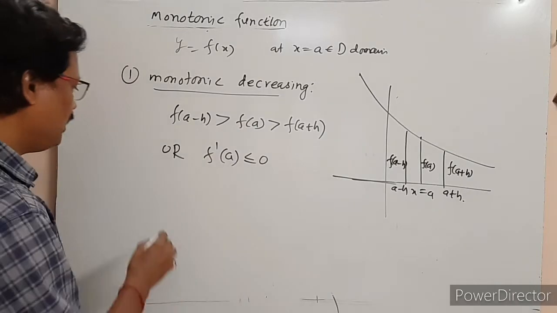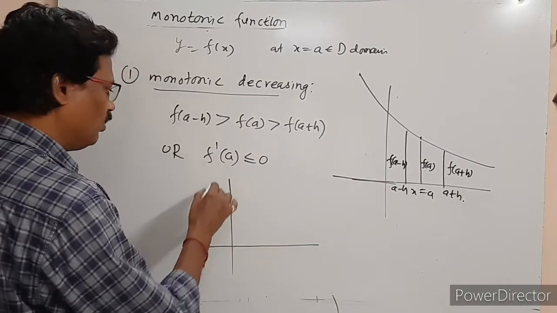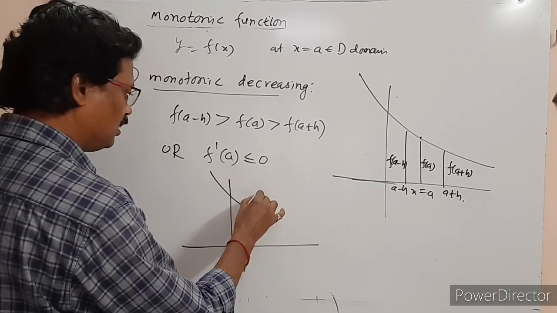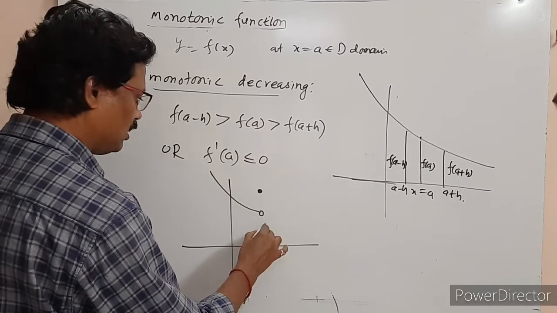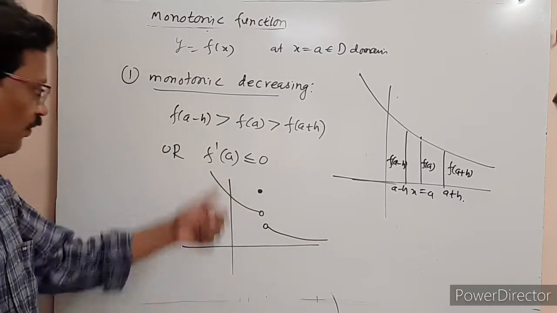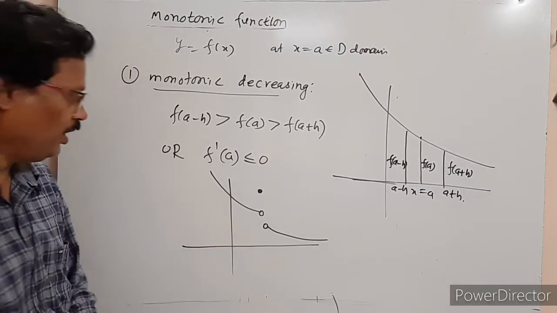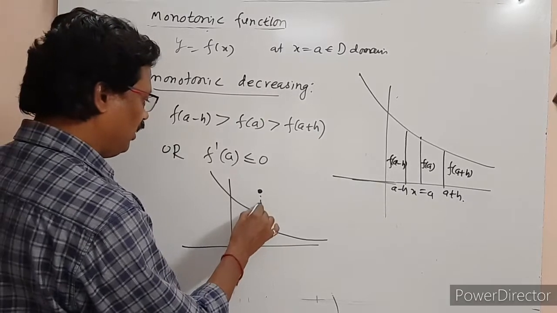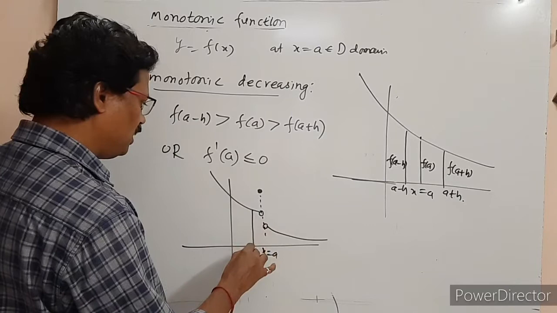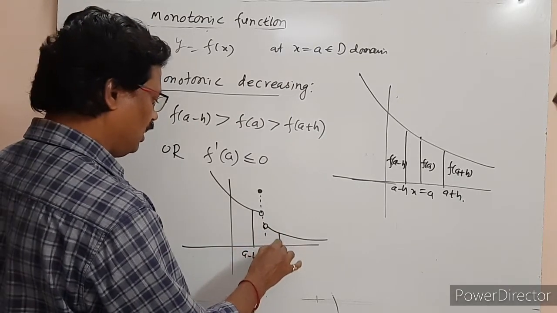Now if you see the example, one graph like this. The graph is going like this, coming like this. Now if you see this, this is not a monotonic decreasing function. Why? This is x equal to a, this is a minus h, this is a plus h.